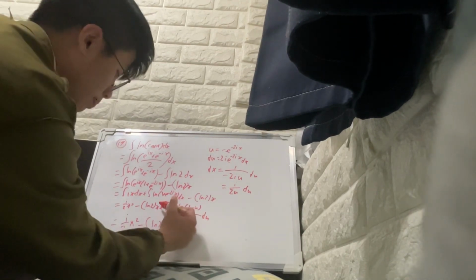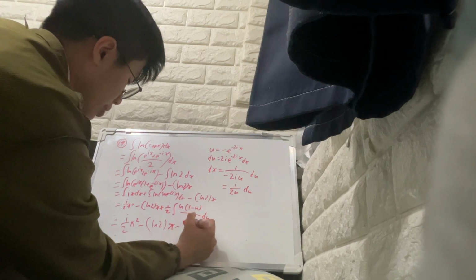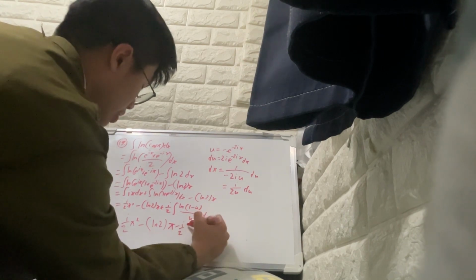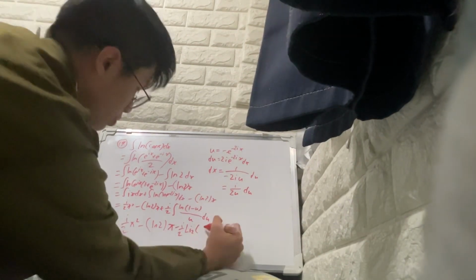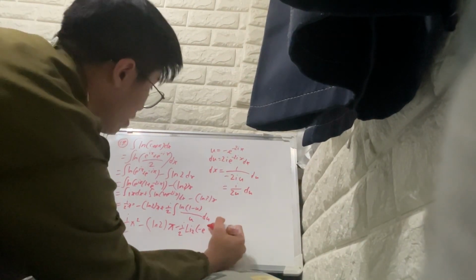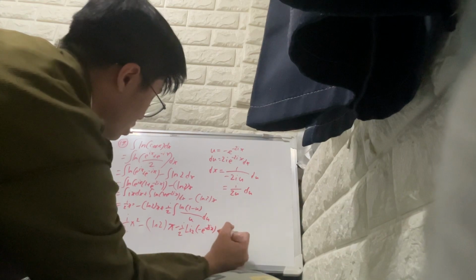So be sure positive and negative become negative. i over 2, and then Li2 of our input, where u is equal to negative e to the power of 2ix, plus c. I think that's the answer. Just do that.